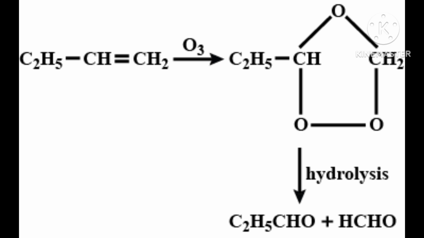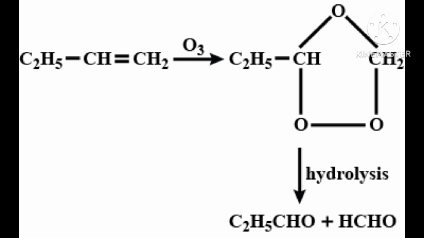Ozone had two parts, then after joining with two carbons, with the one carbon the upper oxygen, the OC bond will break, and one bond down, the C and O bond will break. Then it will form two products. One product will be CH3CHO, and the other product will be formaldehyde.